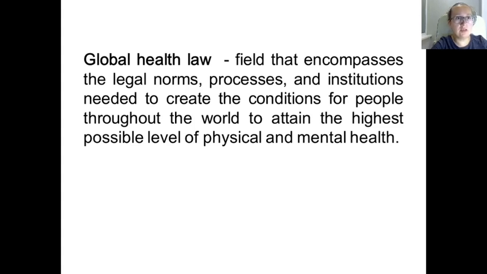Diseases have been the unwelcome traveling companion of international commerce throughout history, and international public health cooperation from the beginning was as concerned with facilitating trade as with protecting public health.